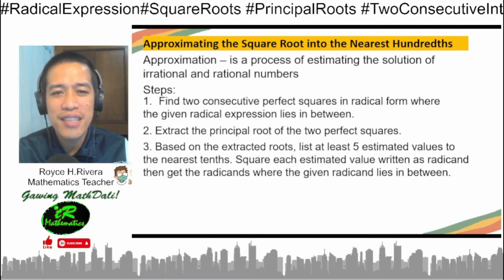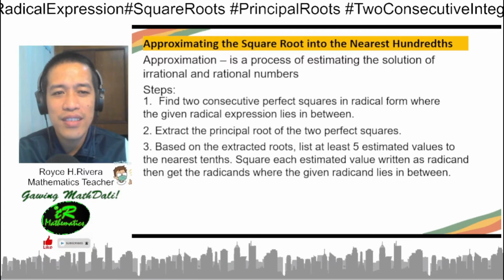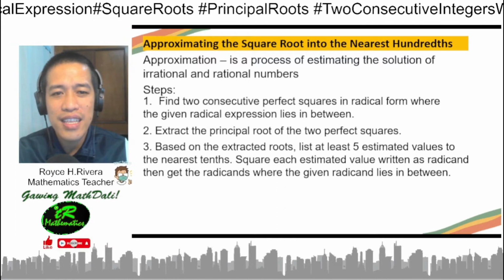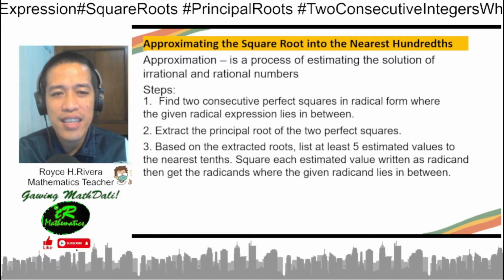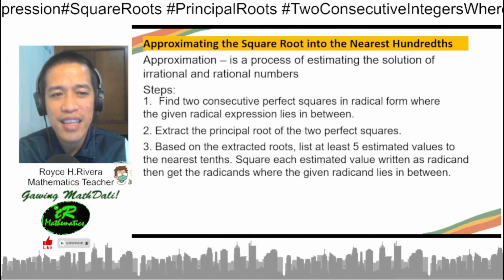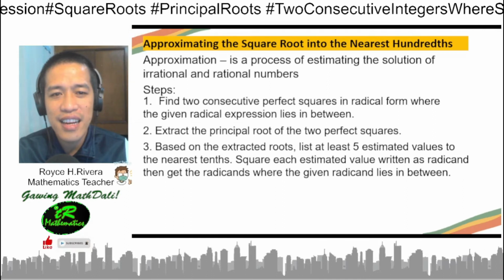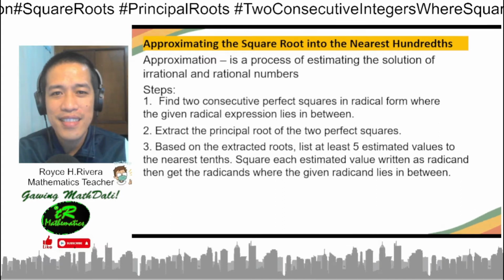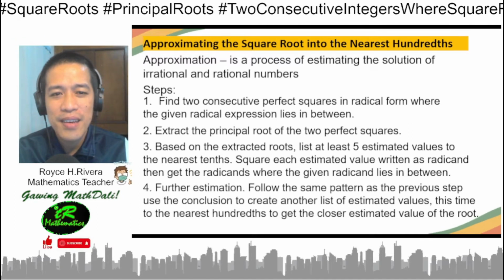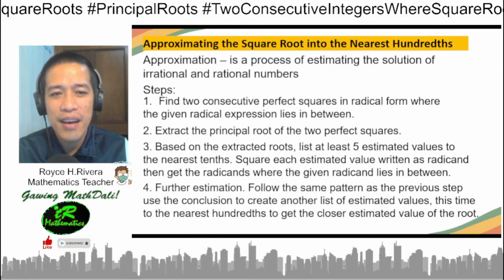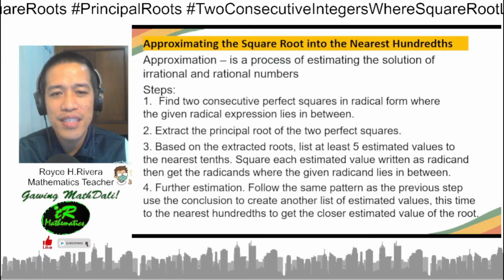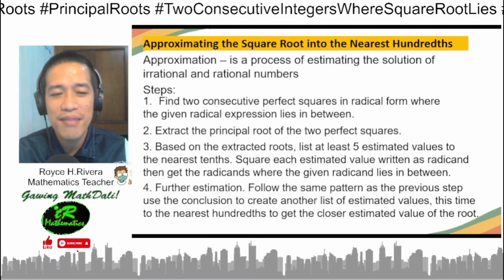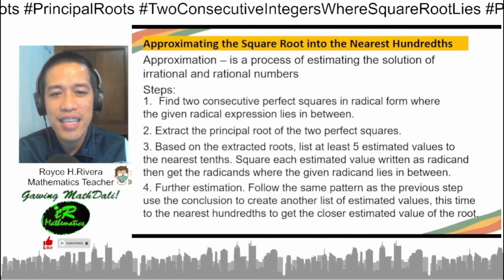Number 3, based on the extracted roots, list at least 5 estimated values to the nearest tenths. Square each estimated value written as radicand, then get the radicands where the given radicand lies in between. At panghuli, further estimation. Follow the same pattern as the previous step. Use the conclusion to create another list of estimated values. This time to the nearest hundreds.